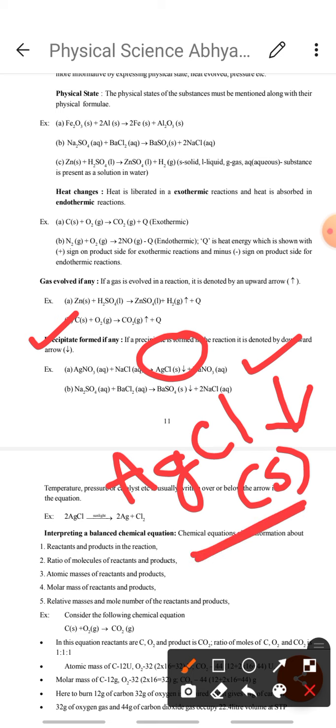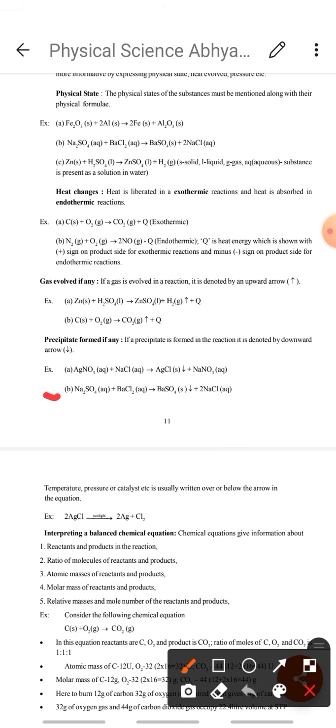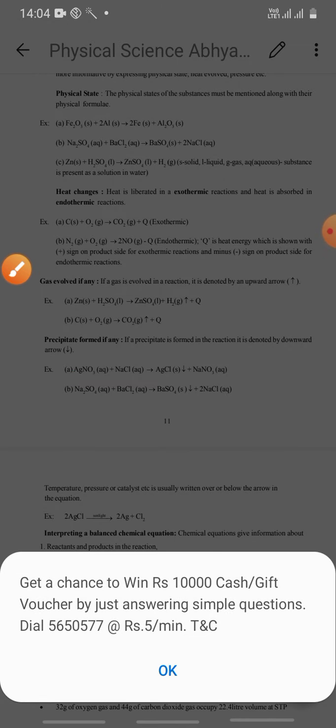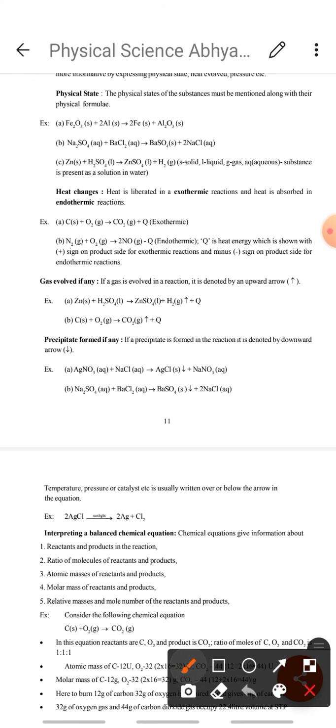This precipitate is represented with a downward arrow. Simply it is written as PPT. In the second equation, sodium sulfate plus barium chloride gives barium sulfate plus sodium chloride. Here the barium sulfate is formed as a precipitate.